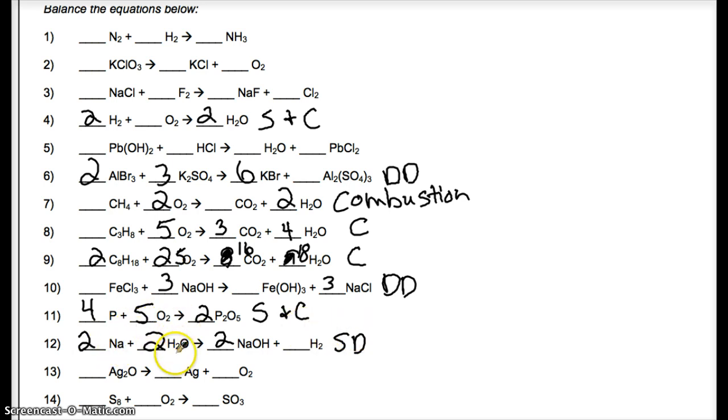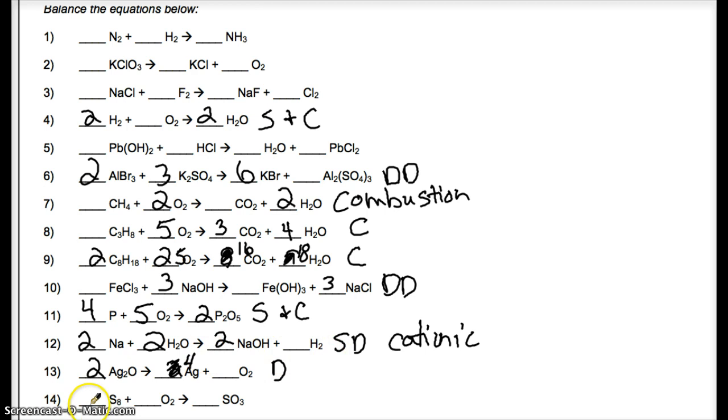Sodium booted out hydrogen and took the OH, so this is actually a cationic single replacement or single displacement. Okay. Number 13, we've got 2 Ag's, 1 Ag, so I'm going to put a 2 there. That gives me 1 oxygen, 2 oxygen, so this guy has to be doubled, which means he has to then go to a 4. Okay, we've got 1 reactant breaking down into a couple products, so this is a decomposition reaction.